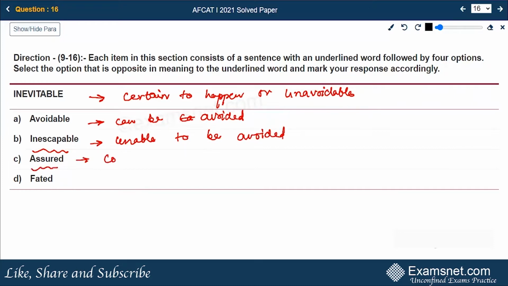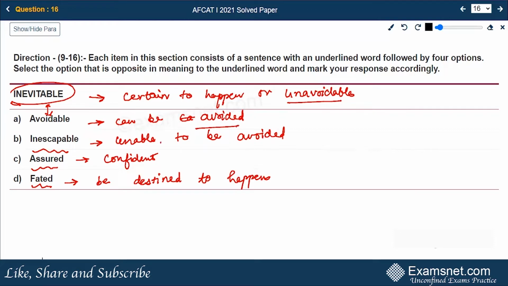Assured, confident, and then fated means be destined to happen, like it was fated to happen. So the correct antonym for inevitable is avoidable. See, inevitable is something which cannot be avoided, and obviously avoidable is something which can be avoided. So option A is your correct answer.